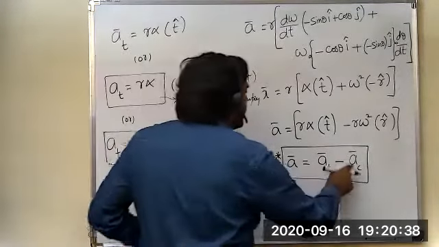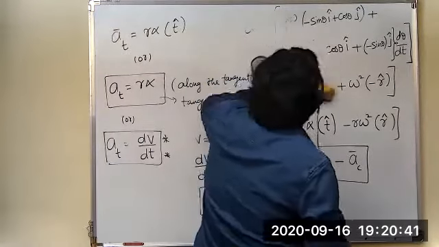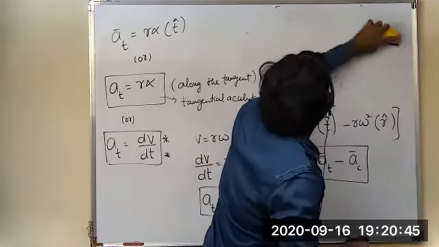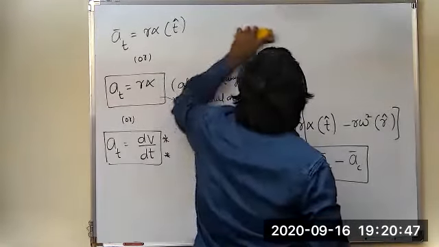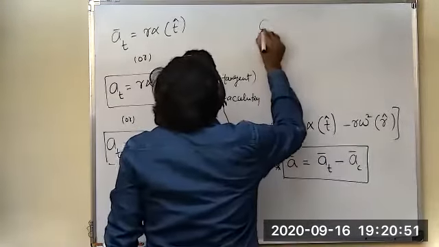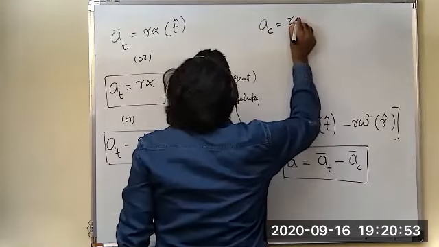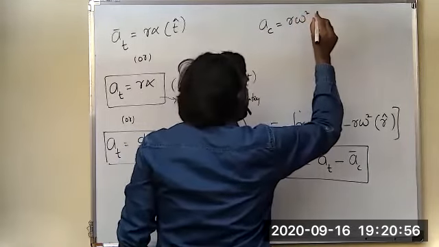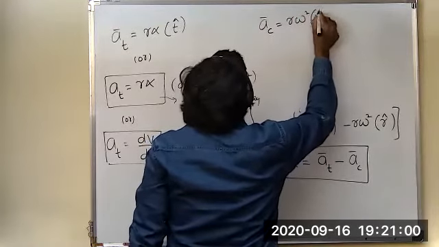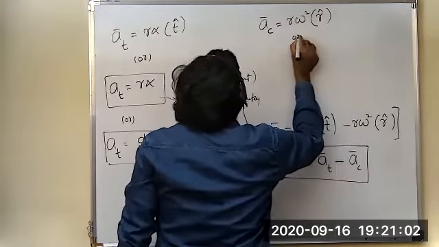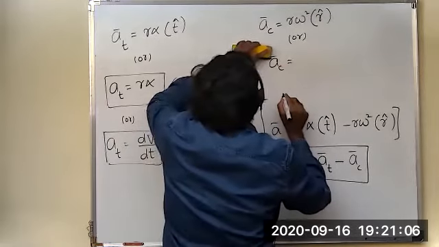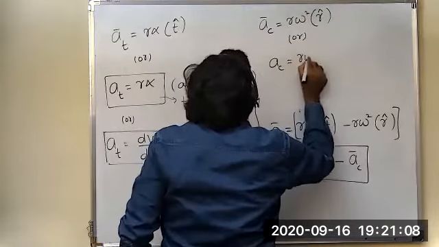And here, AC, in this situation, you can write AC is equal to R omega square. R omega square in vector form into R unit vector. Or else, friends, you can also write AC simply its magnitude, R omega square.